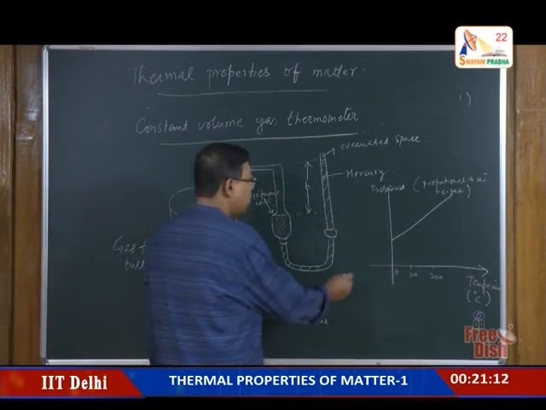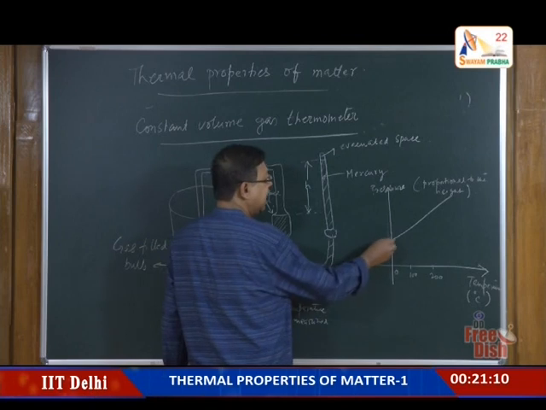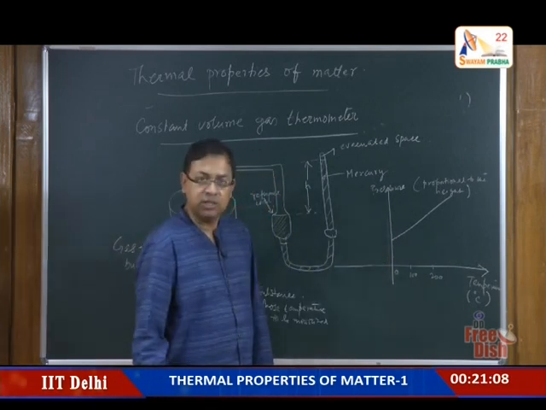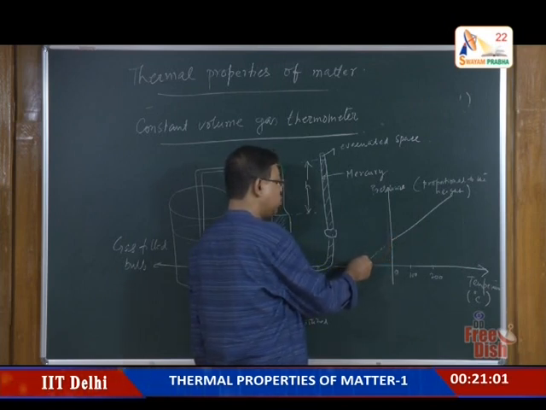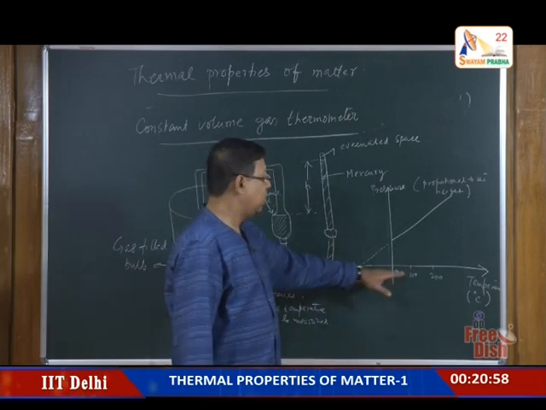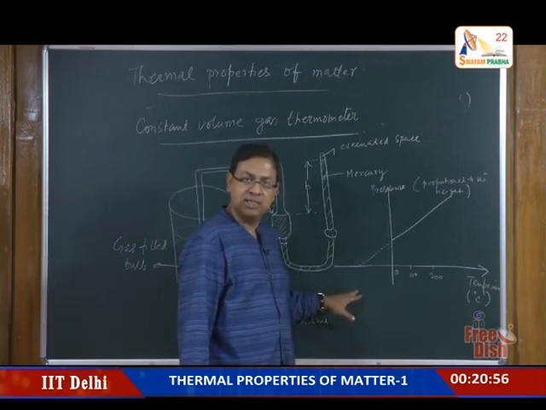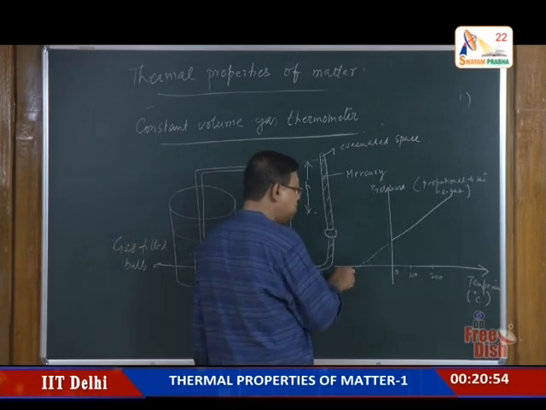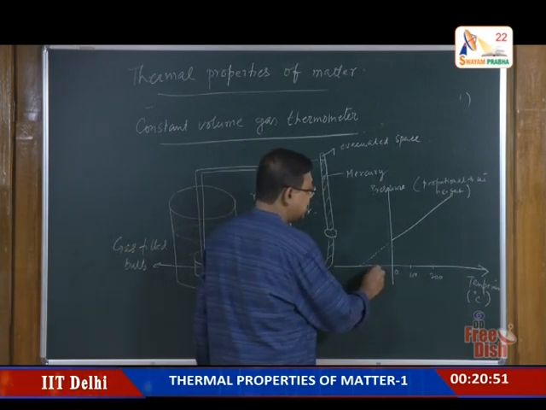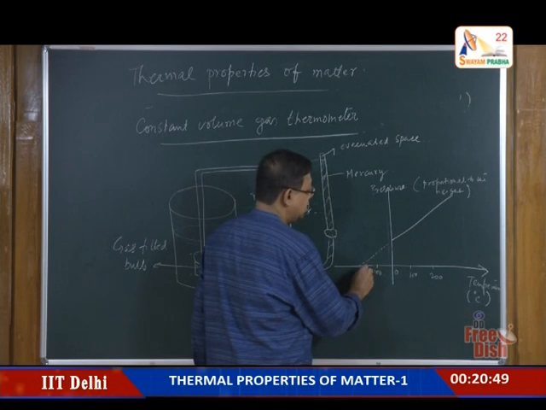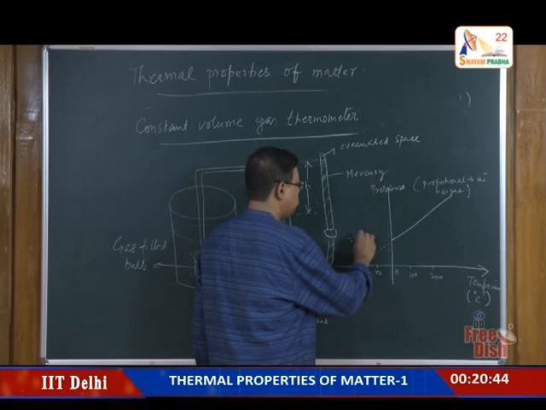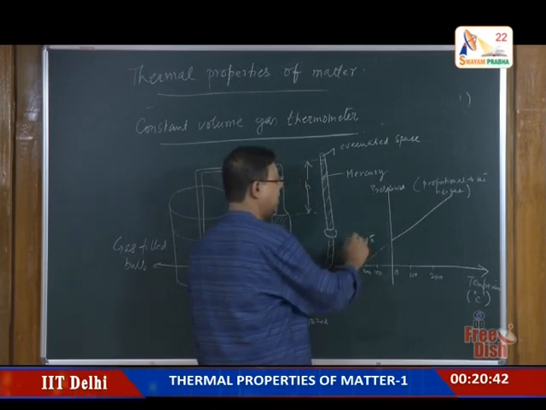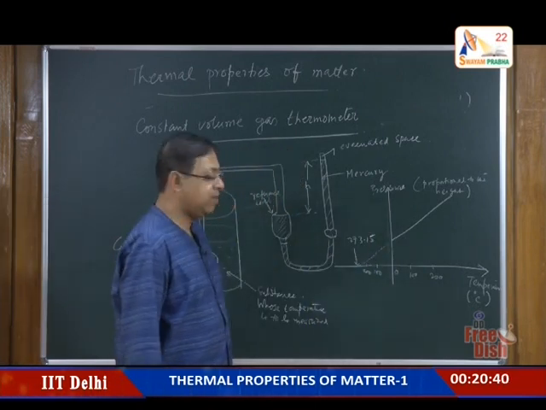Now, if we imagine a negative temperature scale, which does not happen, but suppose we talk about a negative temperature scale and extrapolate this line to the temperature axis on the negative side, this will meet the x-axis at 273.15.